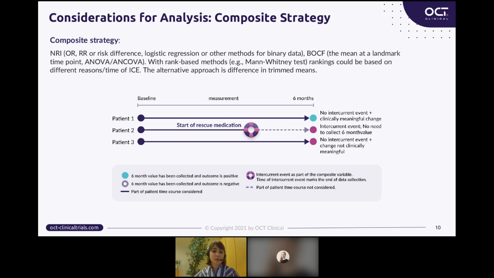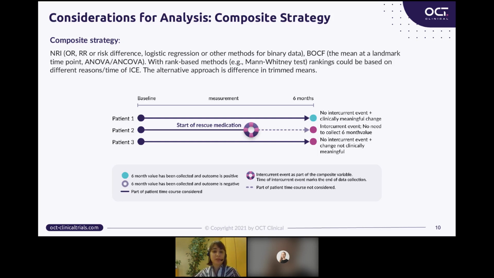An alternative approach is estimating difference in trimmed means. The intercurrent event is assigned the worst possible score, and equal fraction of worst outcomes is trimmed from each treatment group. For example, 30% worst responders. This fraction should be specified in advance and should exceed the expected percentage of intercurrent events in either group.